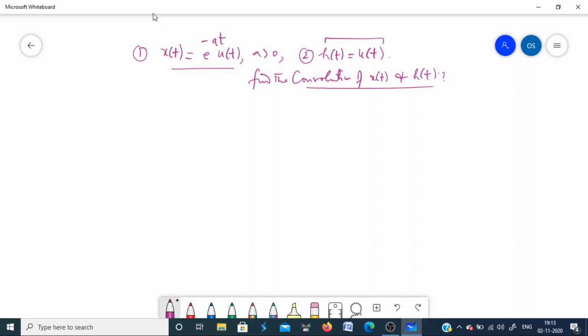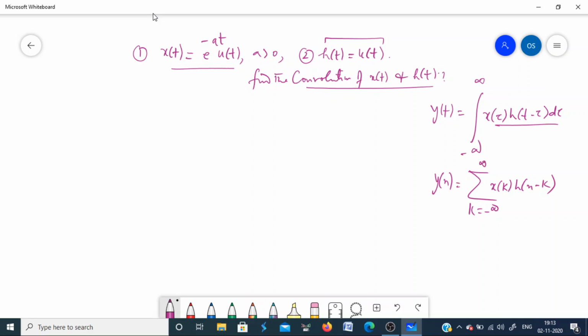So you have this equation y(t) equal to the integration of x(tau) h(t minus tau) d tau. In the discrete case, it was y(n) equal to the summation of x(k) h(n minus k).